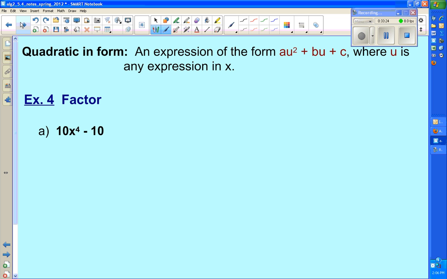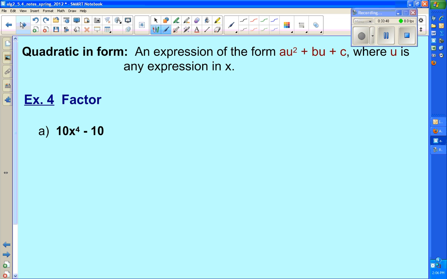How do you know? It's not x squared that is the highest power. Highest power here is 4. A lot of ways for you to handle how to do this. I'm going to show you 2 different ways to handle it.